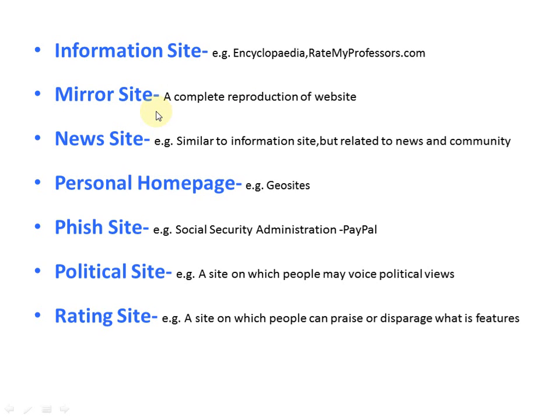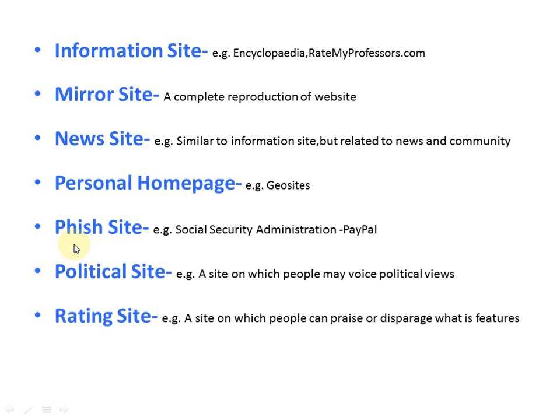News site, similar to an information site but dedicated to dispensing news and community. Next is personal homepage, for example GeoSites, run by an individual or a small group such as a family, that contains information or any content that the individual wishes to include.